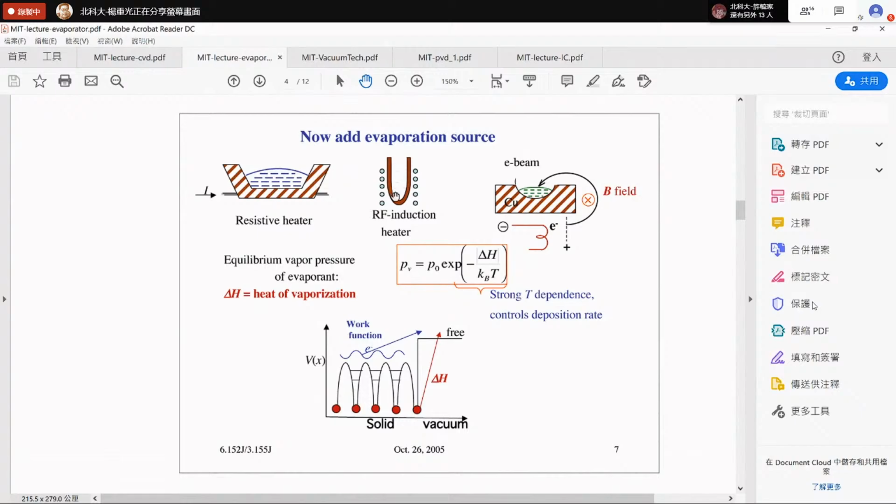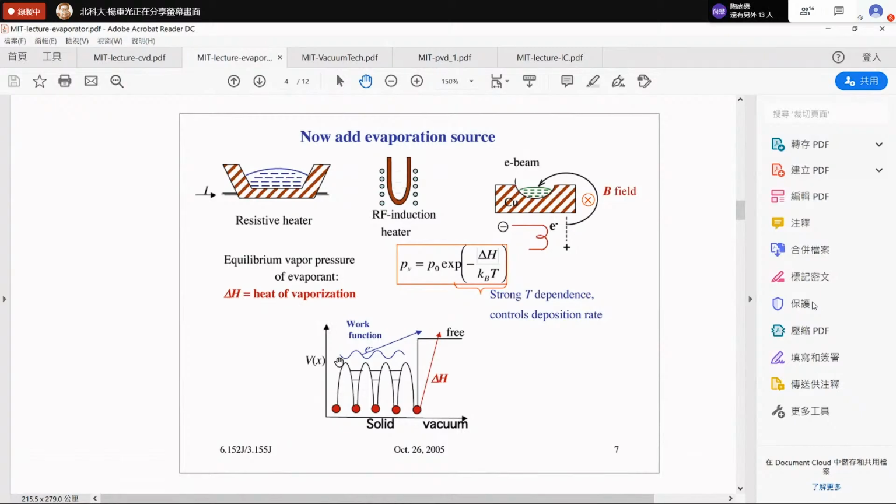And this is a coil, the RF coil, and so this is RF heating, and this is using a filament through a magnetic field, B field, hitting the target. So this we call the E beam.